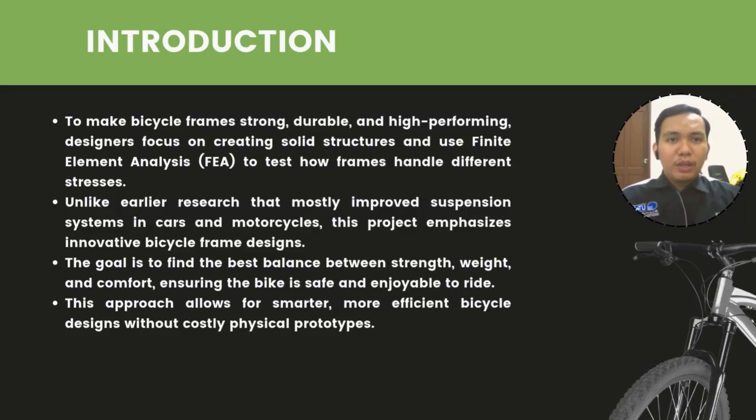For this commuter bike, we also need to include the ergonomics of the design to give comfort to the cyclists or riders. This approach allows for smarter, more efficient bicycle design without costly physical prototypes. By using finite element analysis, we do not have to spend our money to make a prototype and test the design that we have designed earlier.